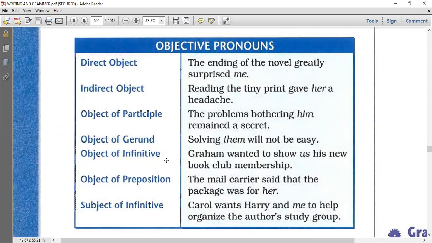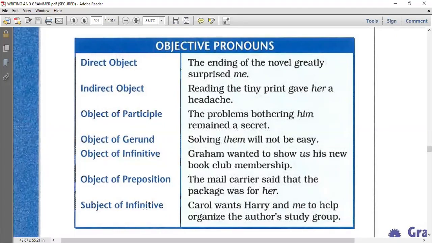Object of infinitive: Graham wanted to show us. Wanted to show is the infinitive. To show whom? To show us. Object of preposition: the mail carrier, the postman, said that the package was for her. After a preposition: for me, for her, for you, and so on.